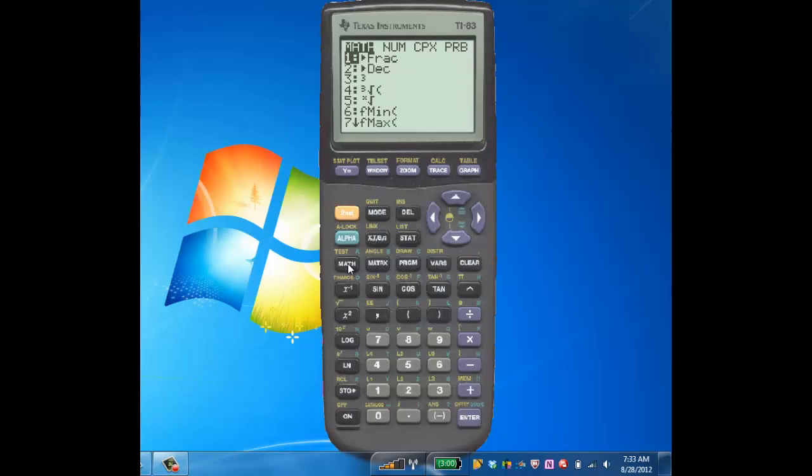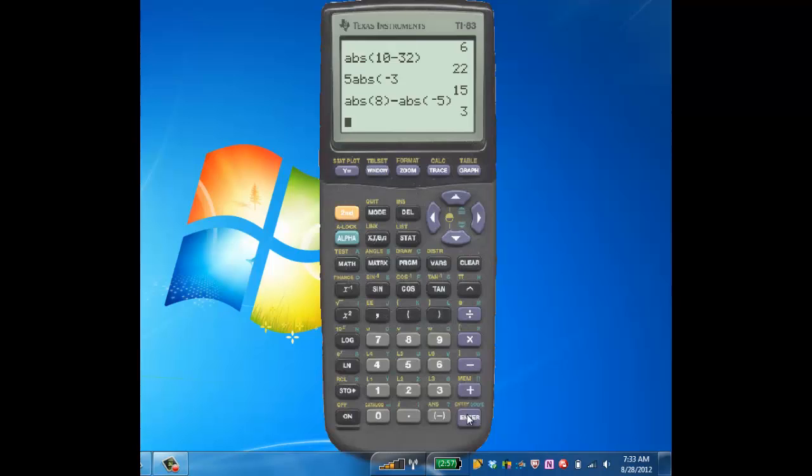So I can do the absolute value, go over to math, number, select number 1. I'm going to put in an 8, close my parentheses. I'm going to subtract, math, over to number, select absolute value, negative 5. So I right now have the expression the absolute value of 8 minus the absolute value of negative 5. I'm going to press enter and I get 3.